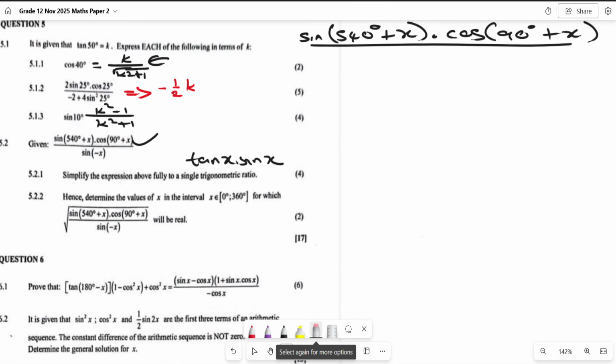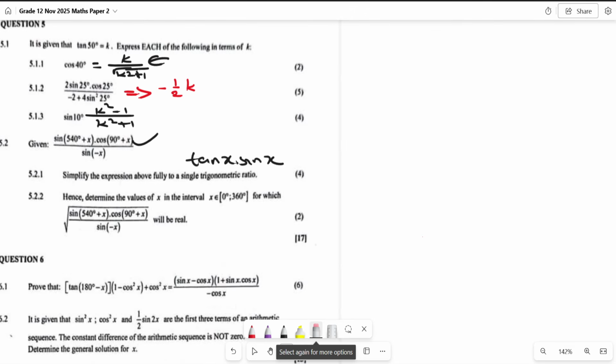The following question: what are they saying here? They need us to hence determine the values of x between 0 and 360 for which this will be real. For this entire expression to be real, the denominator can't be 0, because if the denominator is 0, then the entire expression is not going to be true.